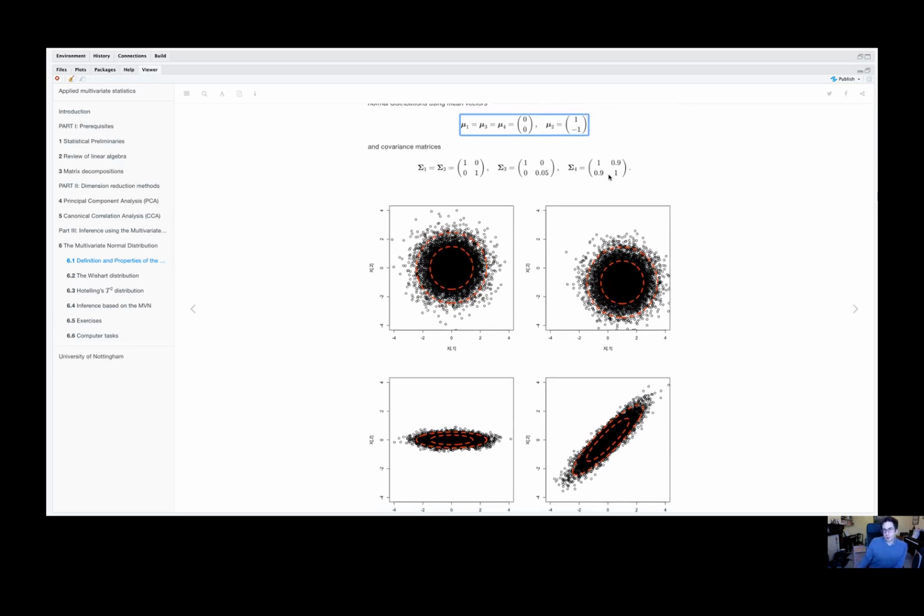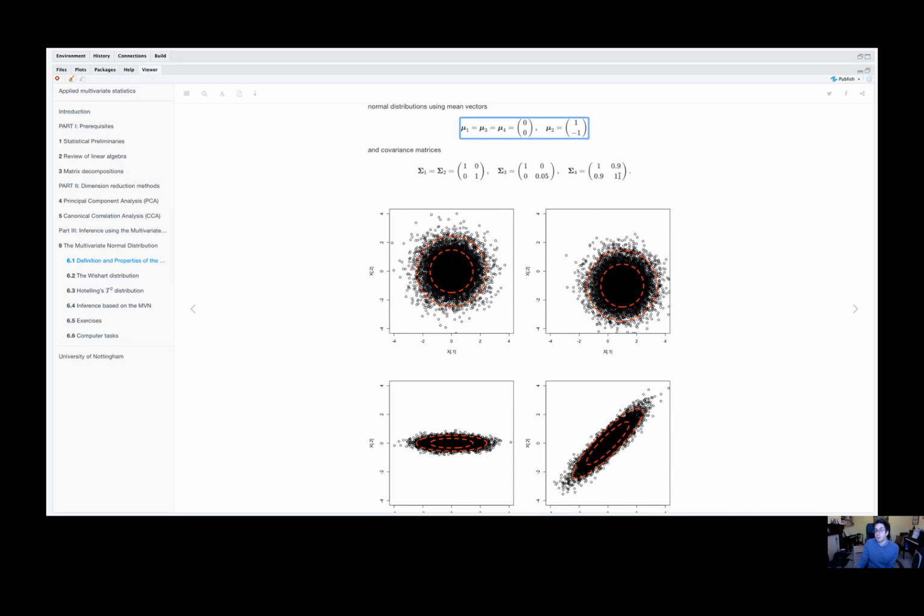So for the fourth example, we've still got a mean of 0, 0, but now I'm going to have a covariance matrix that has diagonal elements 1, and now for the first time we're going to see off-diagonal elements that are not 0. So I've got covariance between the two terms being 0.9.